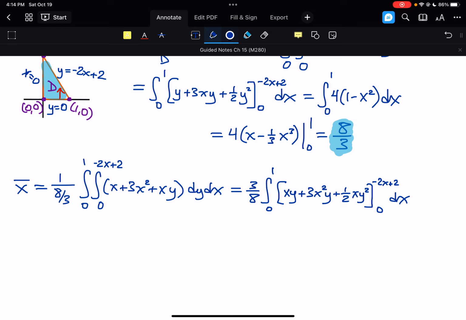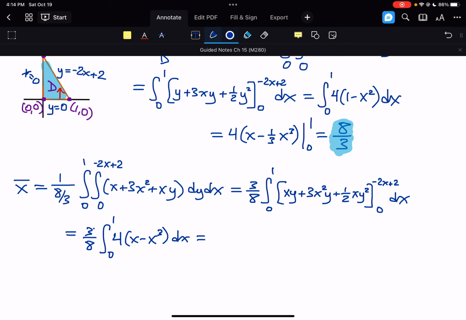So we substitute in and simplify where we can. And it works out fairly similarly, not exactly the same, but we get 4 times x minus x cubed dx.